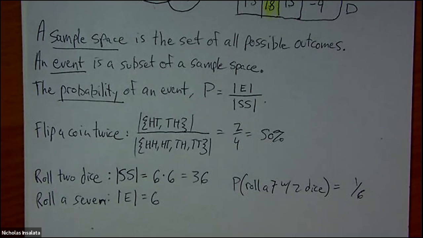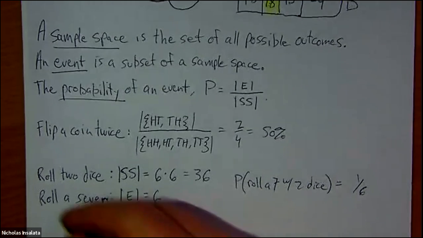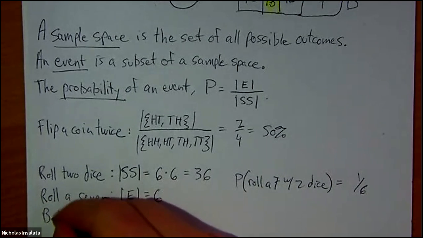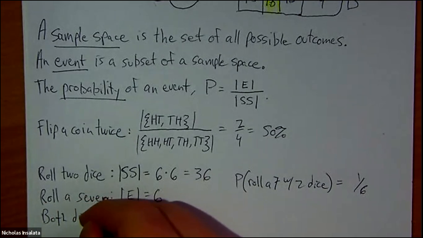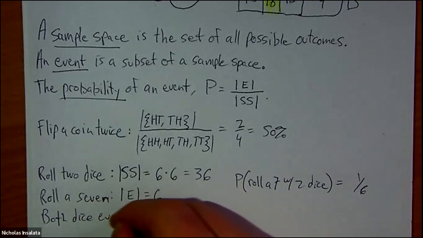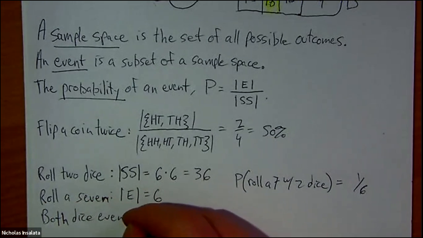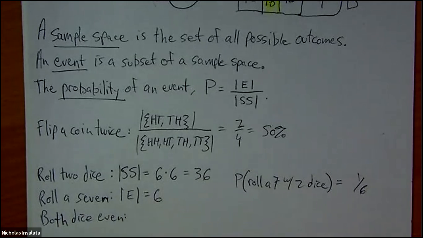Okay. Both numbers are even, or their sum is even, Luan? Because those would be different. Both even. Okay, great. So this one's a little bit interesting, right? Both dice even. Okay. So how many different ways can you get both dice even?